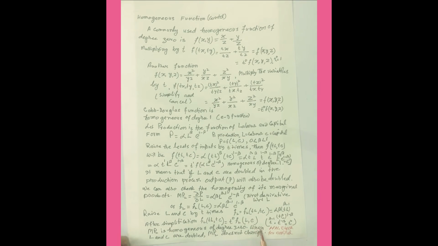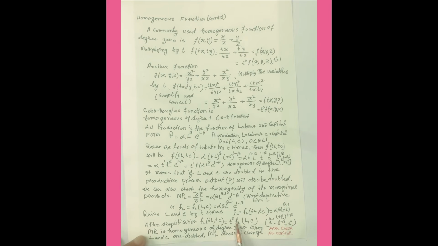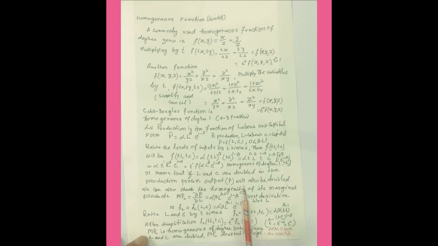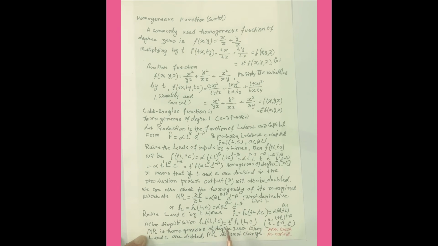So this means that the marginal product is homogeneous of degree 0. This shows that in the Cobb-Douglas function the total function is homogeneous of degree 1, but if we increase the inputs, the marginal product will not rise, since it is t to the power 0.